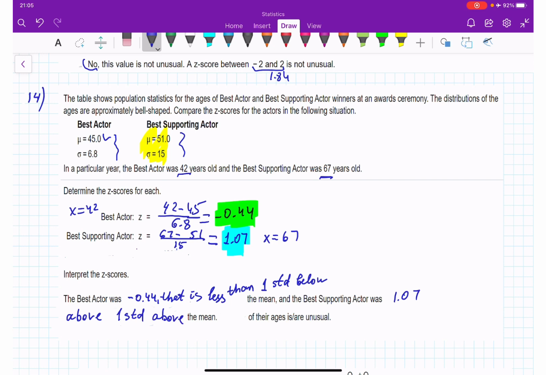Are they unusual? No, because usual is negative 2 up to positive 2. Less than negative 2 or above 2 would be unusual. Both of them, negative 0.44 and 1.07, fit in this range. Then neither of their ages is unusual.